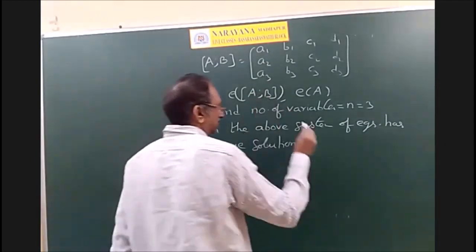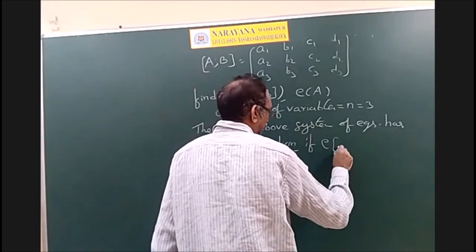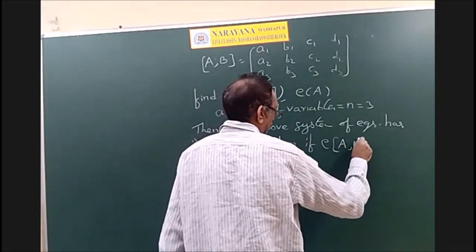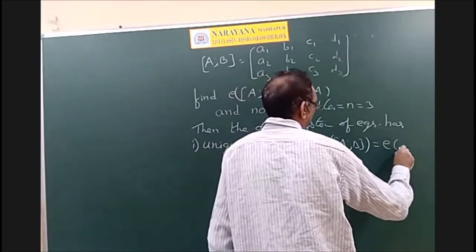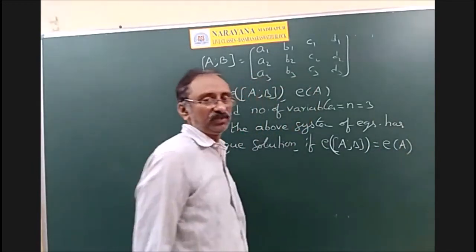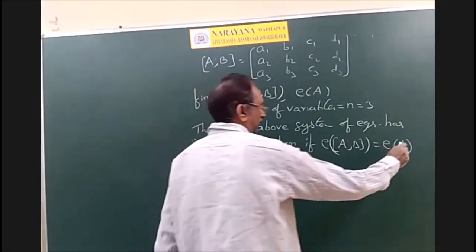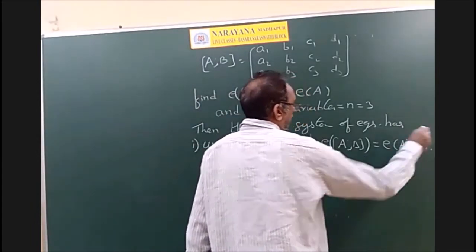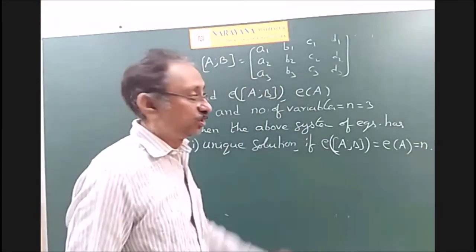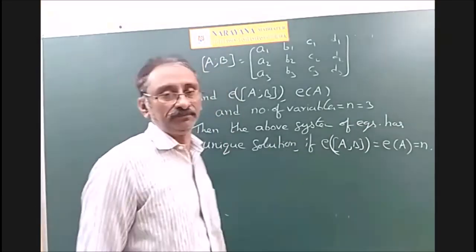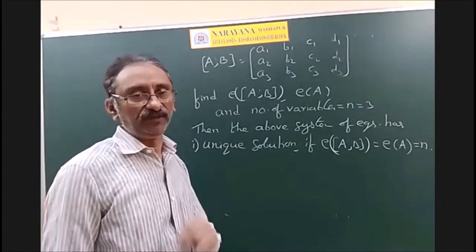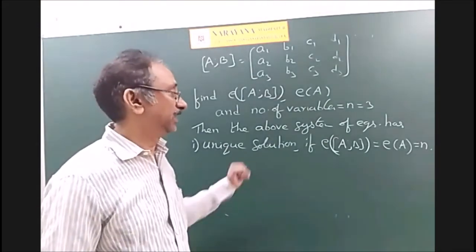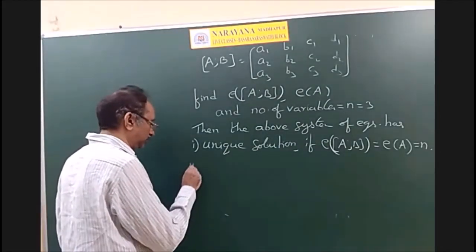If the rank of AB is equal to the rank of A is equal to the number of variables, of course n is equal to 3. So rank of AB is equal to 3, rank of A is equal to 3, and the number of variables is equal to 3. Then we say that the system has a unique solution.